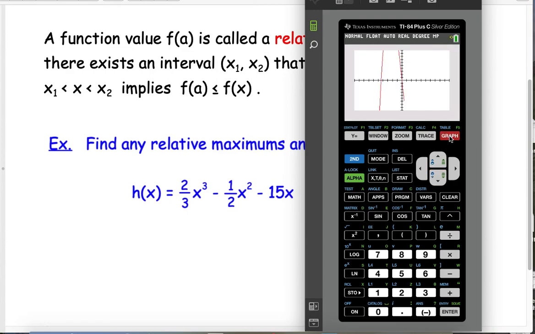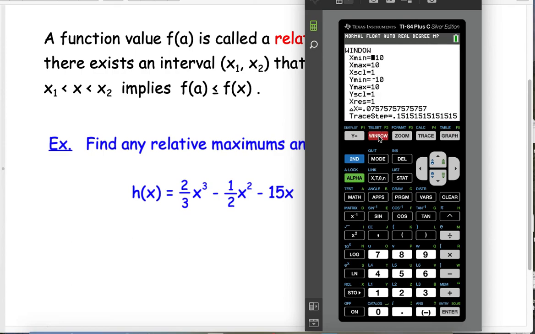Now in the standard window, we're not seeing quite enough. So there's a few options with zoom. You can do a zoom fit. I like to actually consider what's going on here. It looked like my x values were fine, but my y values I needed to increase a lot. So I'll go from negative 30 to 30 in the y direction, and I'll change my scale to be by 5s.